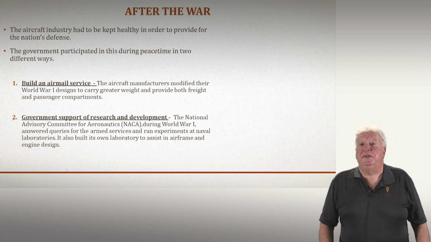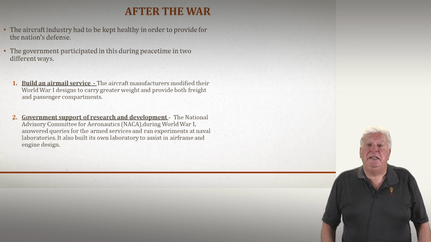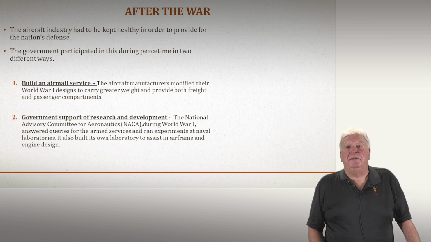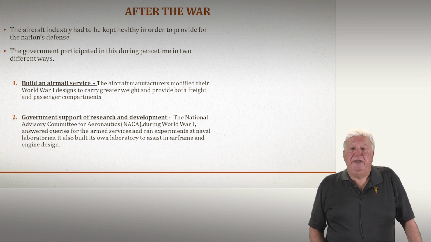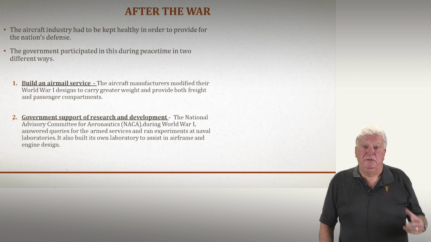The first way was for the government to build an airmail service. By 1930, the Post Office Department's airmail business was used to support not only the manufacturers, but also the newly created commercial airlines.